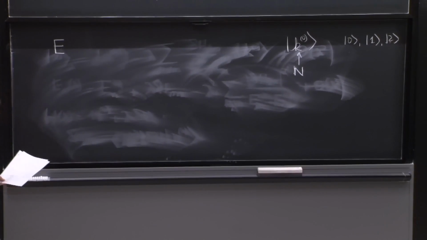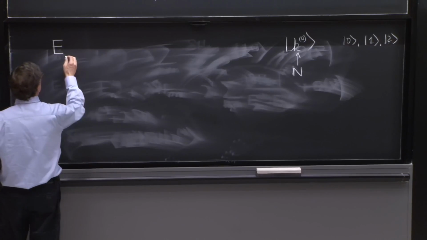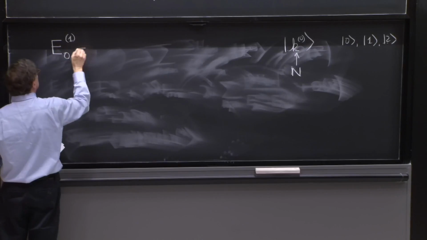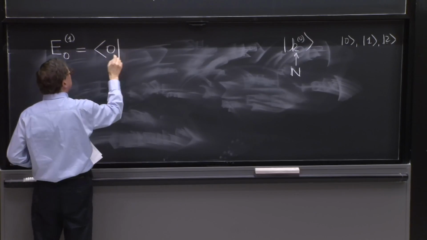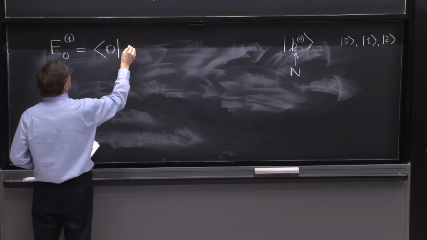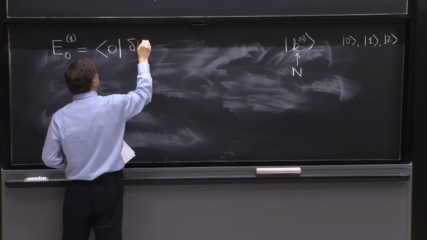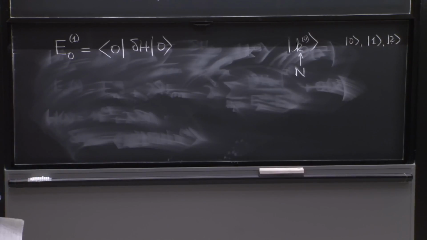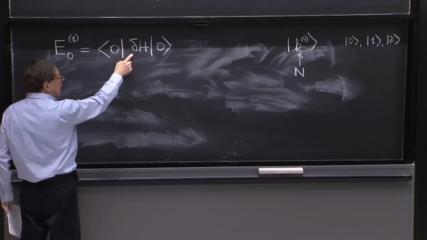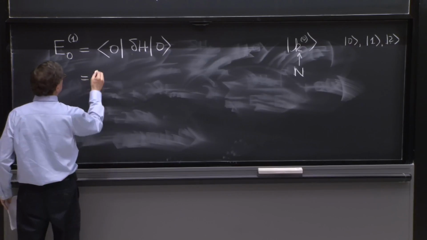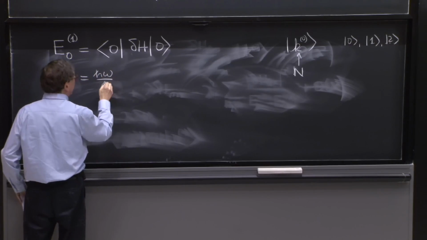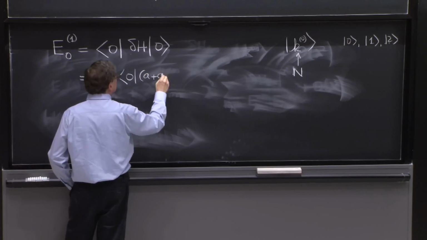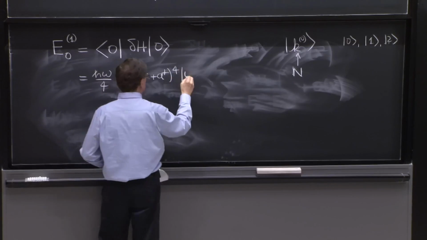So the ground state energy, corresponding to 0, has a first order correction that would be given by the unperturbed ground state and delta H, 0. So what is that? Delta H is h bar omega over 4, and we have <0| (a plus a dagger) to the 4th |0>.